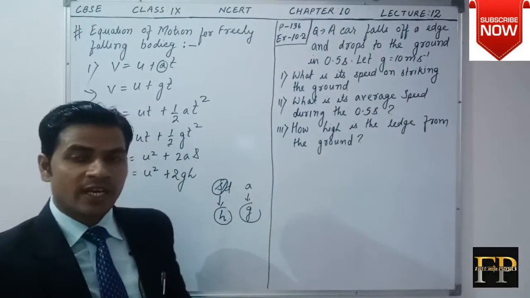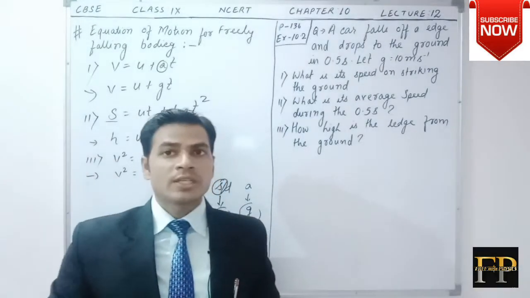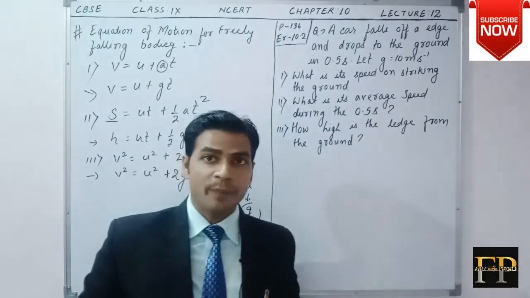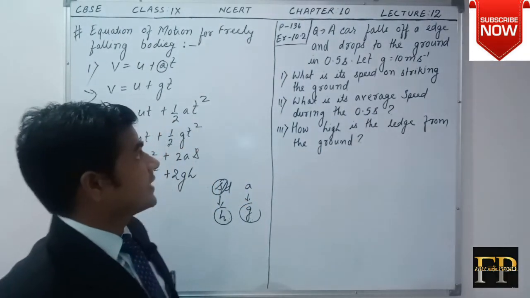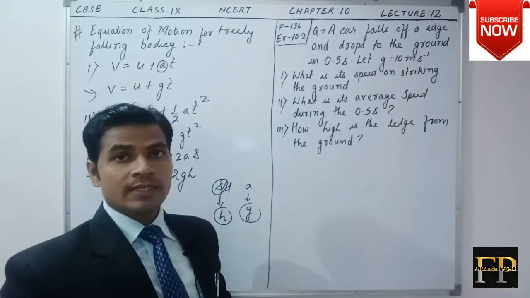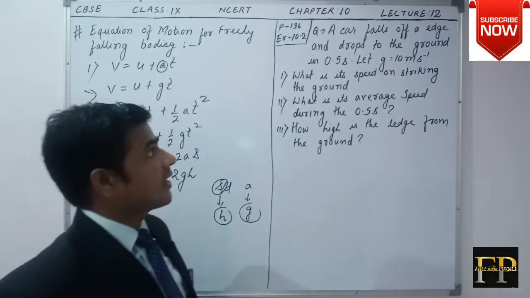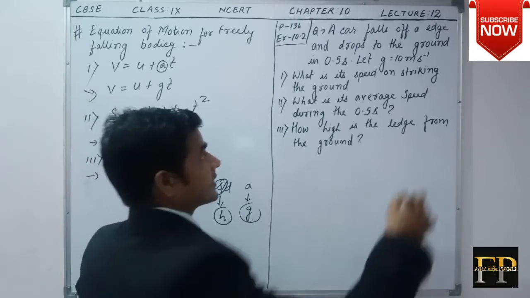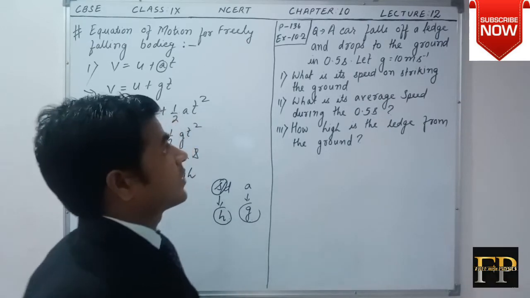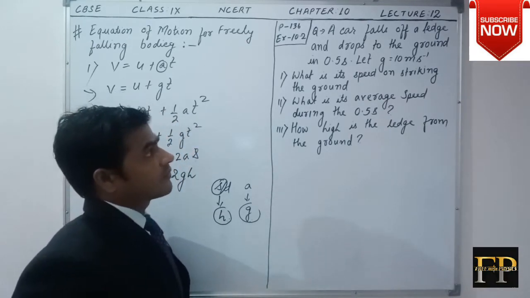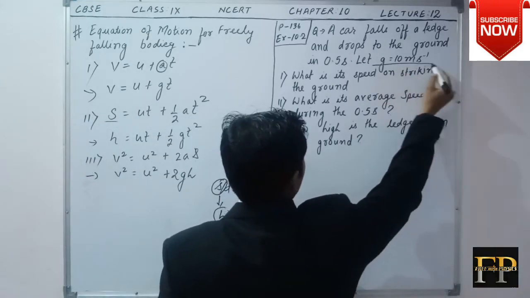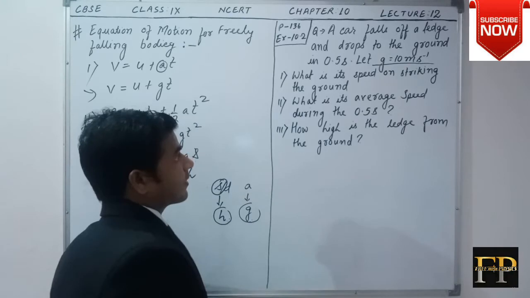Today we are going to discuss a numerical taken from your NCERT book, page number 136, example 10.2. Now we will deal with this question. A car falls off a ledge and drops to the ground in 0.5 seconds, and the acceleration due to gravity is 10 meters per second squared, as given in the question.